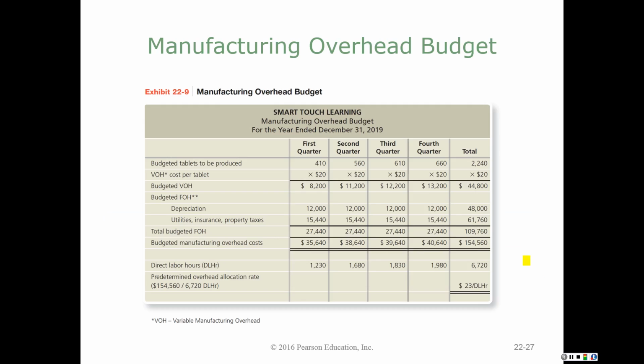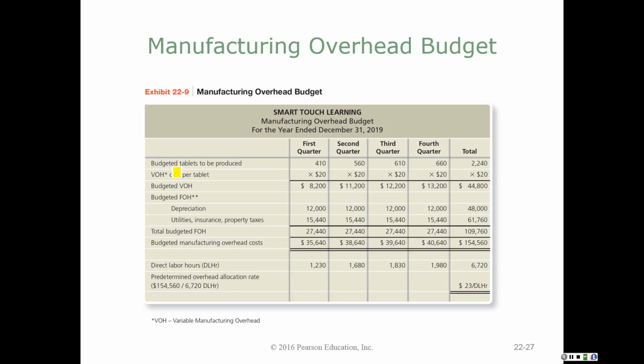In this case, your book has decided that direct labor hours are your driver, and so they've estimated total overhead cost of $154,560. They've divided that by the number of direct labor hours that they think it's going to take for the number of products that we're going to produce to come up with an overhead rate.